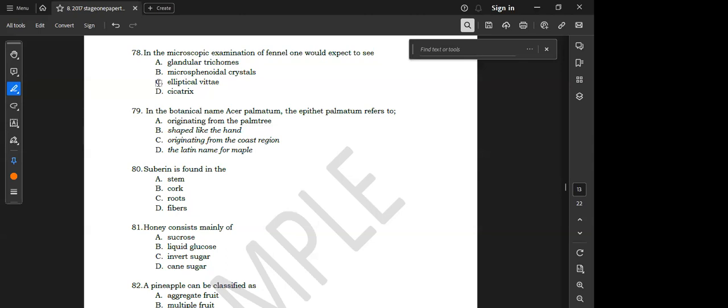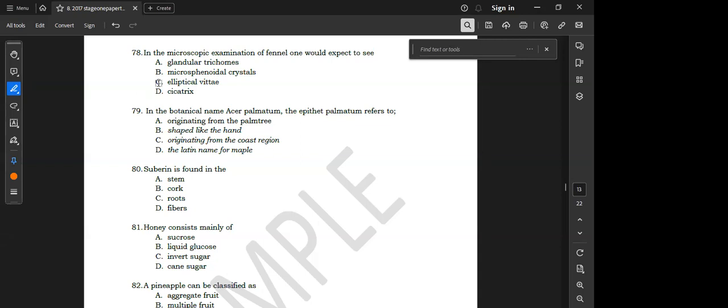In the botanical name Asarum palmatum, the epithet palmatum refers to: originating from the palm tree, shaped like the hand, originating from the coast region, and the Latin name for marble. If you have anything to say, you can just unmute.